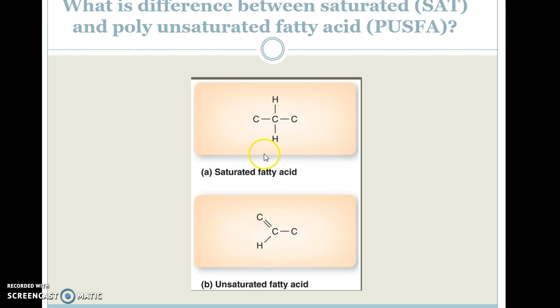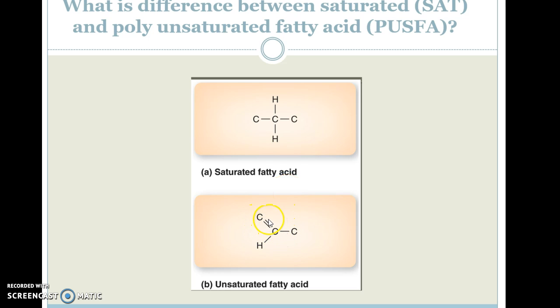So to get started on the fats, just briefly, this can be complicated, we'll try to make it easy, but there are saturated and polyunsaturated fatty acids. Fatty acids are chains of carbon with hydrogen attached. Some of these fats are saturated, which means you can see the difference between this chemical and this chemical.